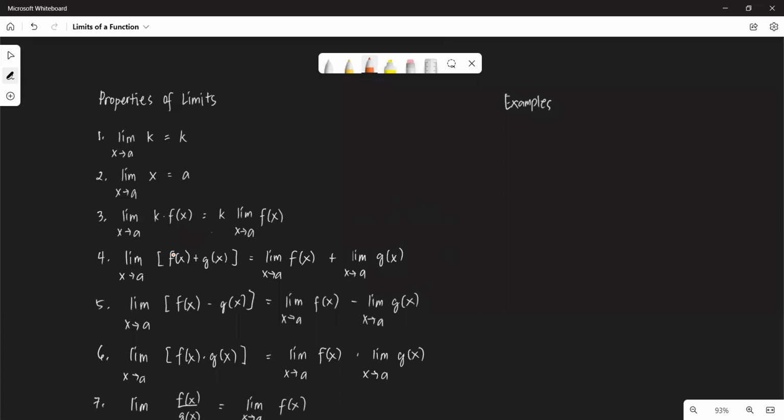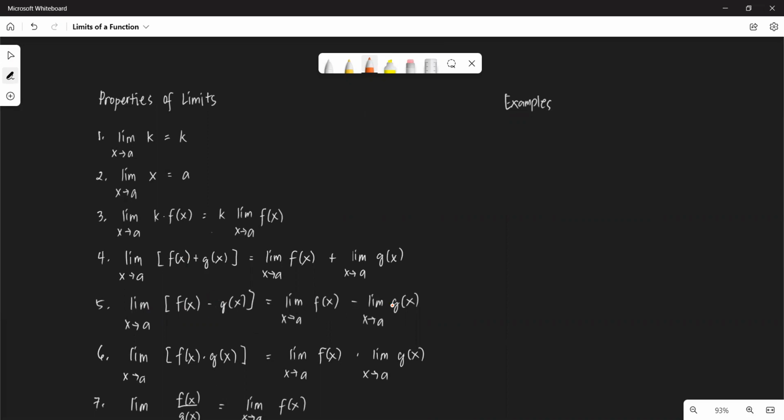Then if we have two functions that are added together and we get its limit as x approaches a, simply get the limit of each function as x approaches a and then add them. And then the fifth limit property is if we have a difference of two functions, we simply replace the plus sign with the minus sign.